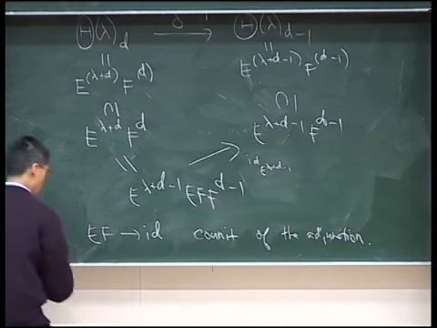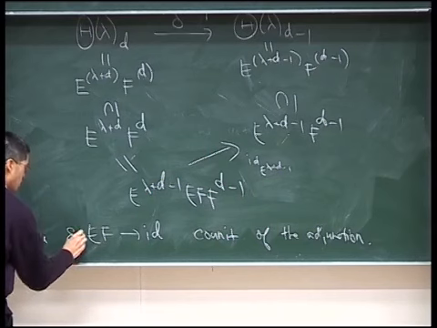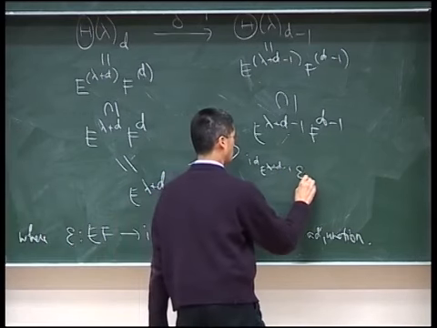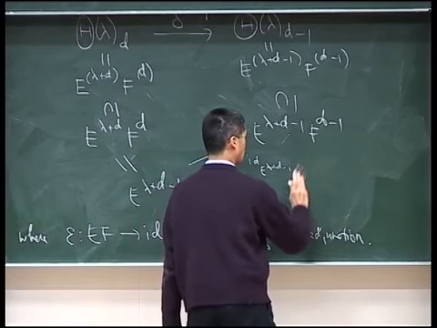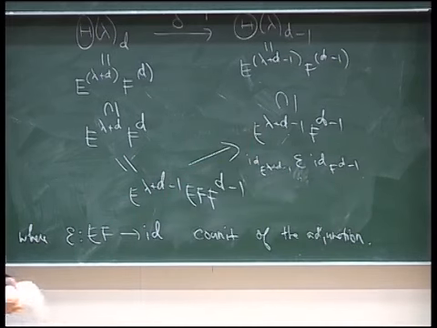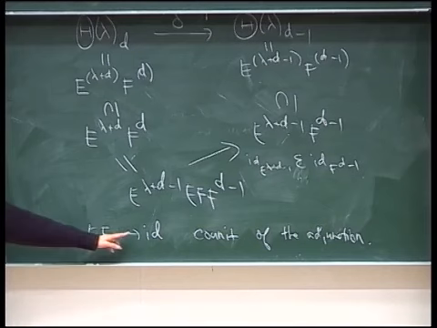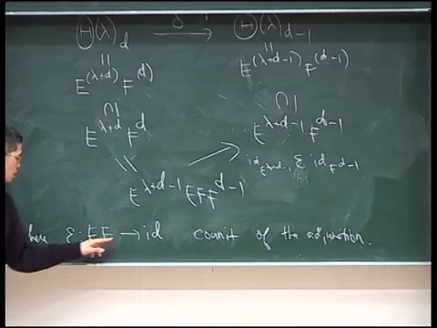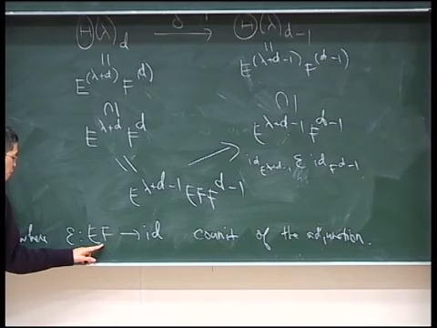Let's call this epsilon. Now, you have to fix an adjunction to actually write down the complex.